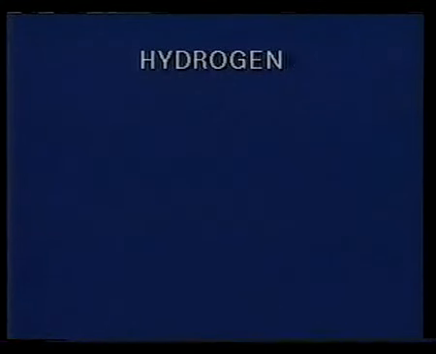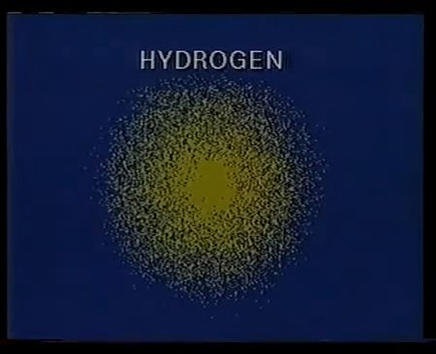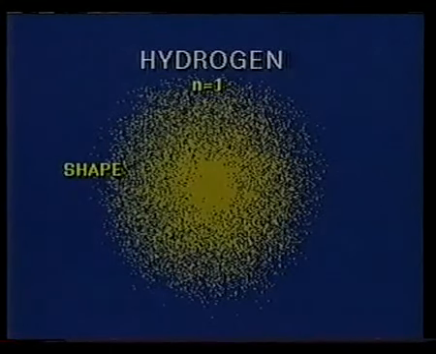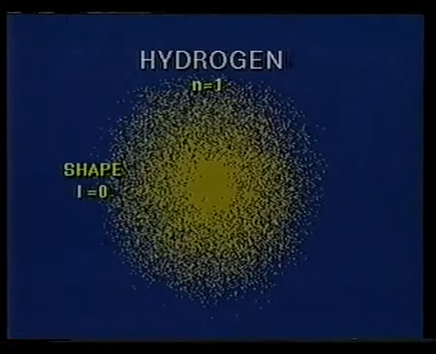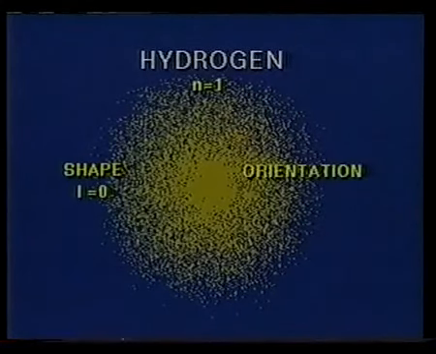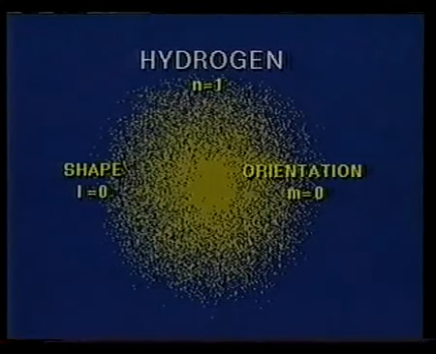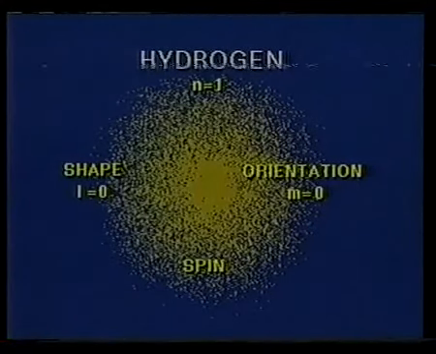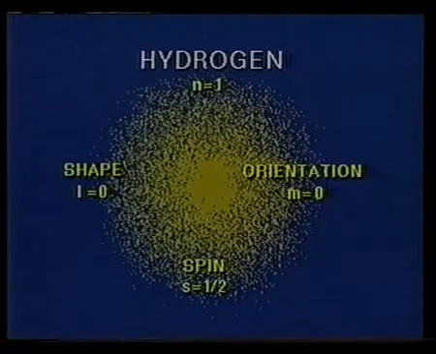For a hydrogen atom with orbit n equals 1, there is only one possible shape. This shape has the quantum number L equal to 0. Since the shape is spherical, it can have only one orientation in space, described by the quantum number m equals 0. Hydrogen with only one electron can only ever have one spin, s equals 1/2, so we will ignore it after this example.